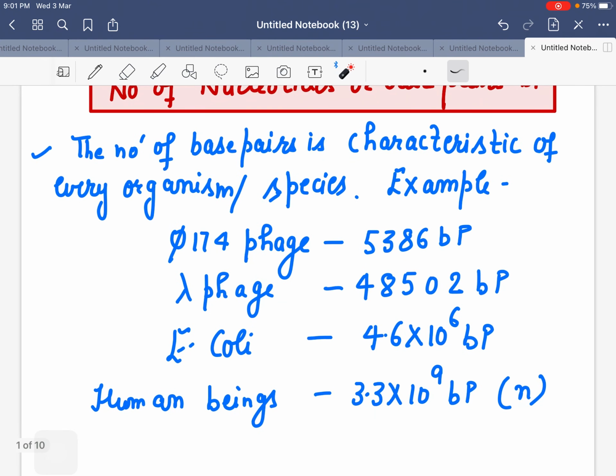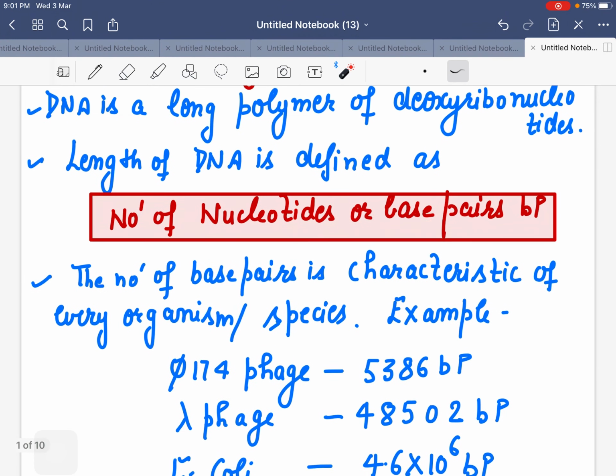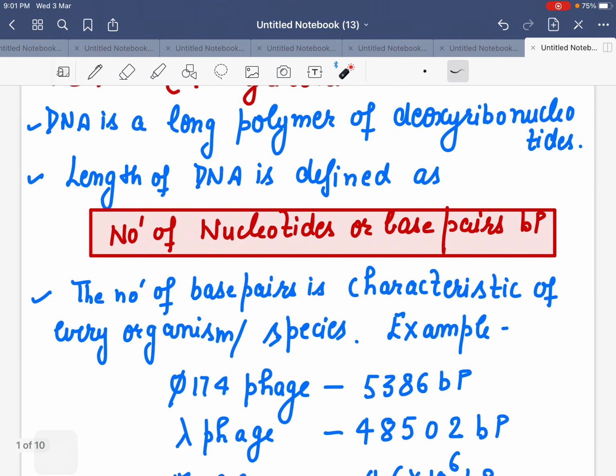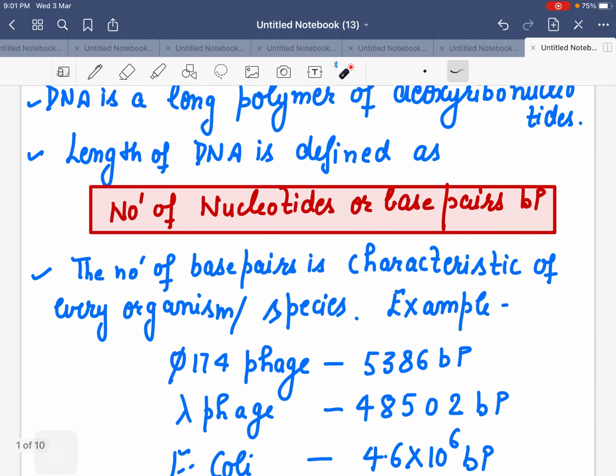Mark this in your NCERT right now. I have taken all these points from your NCERT only. The number of base pairs is very important.